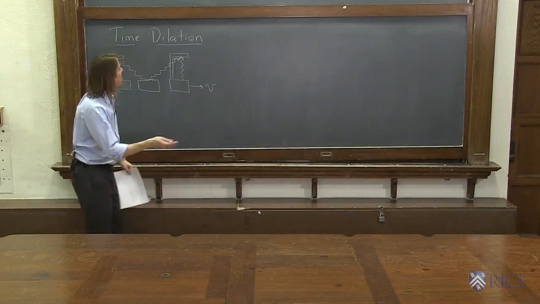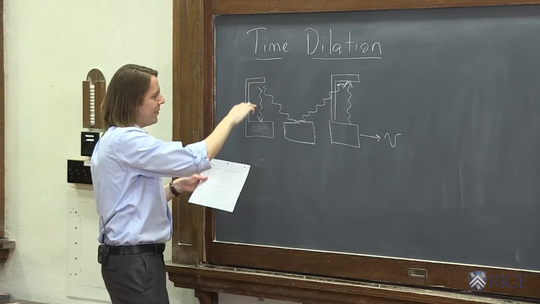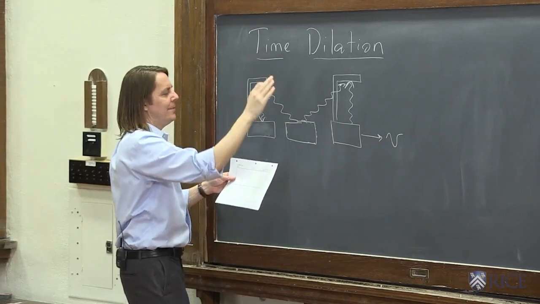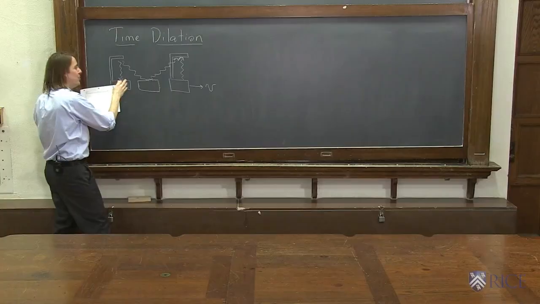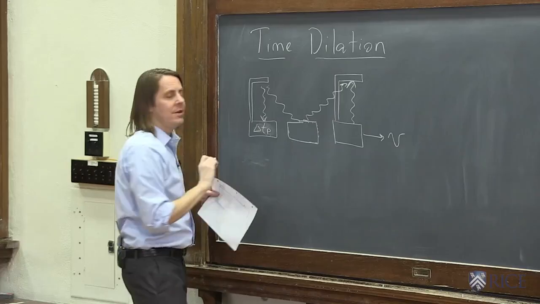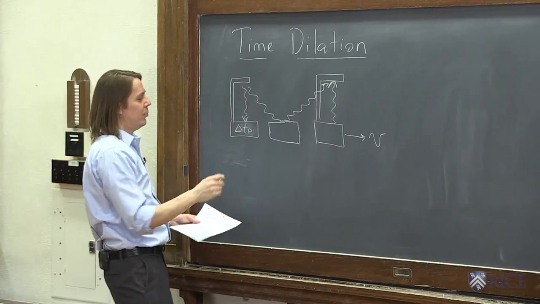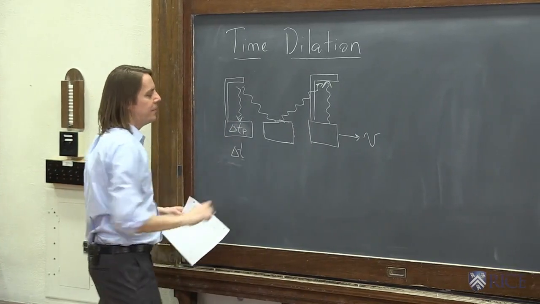So the effect that we just calculated is called time dilation. As a quick reminder, if you had this little setup where you have a flashlight bounce down and go back up, if you ask somebody in the frame of the moving object, what time did they see? That's delta tp. And if you ask somebody that's in the lab frame just watching this happen, what time did they see? They see delta t.